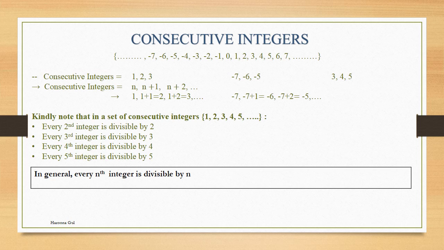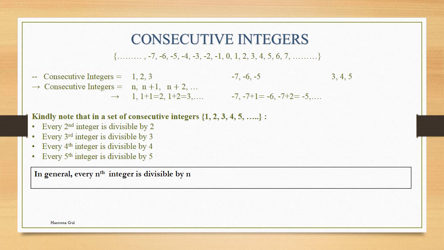Now the expression n plus 1, n plus 2, n plus 3 can help us in understanding the order of consecutive integers, even in the case of negative integers. Kindly note that in a set of consecutive integers, that is 1, 2, 3, 4, 5, every second integer is divisible by 2.